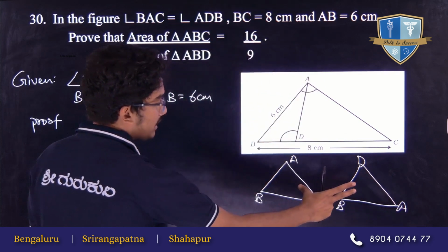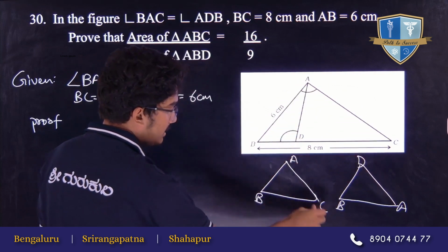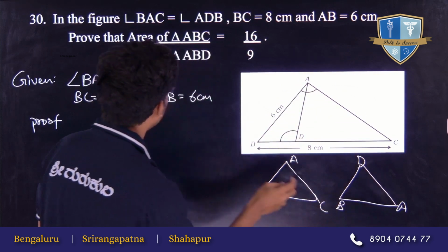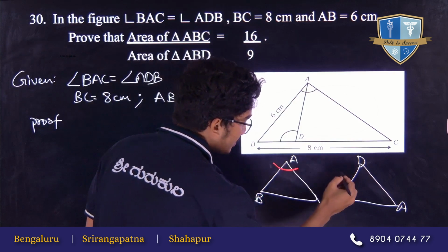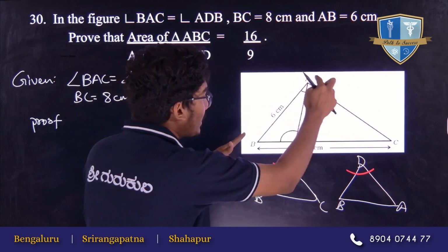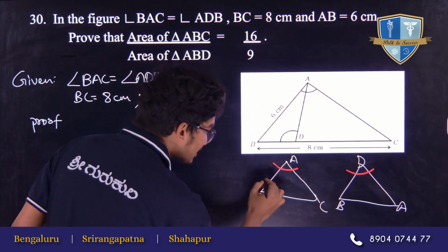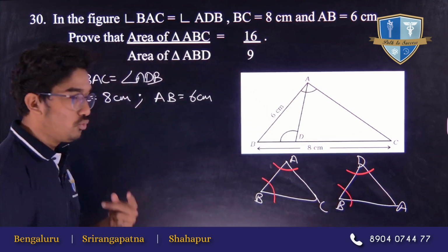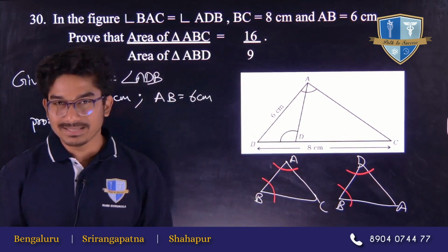So in these two triangles, angle BAC and angle BDA, these two angles are given as equal in the question. Now, angle B in this bigger triangle and this smaller triangle is a common angle. So this angle is a common angle.